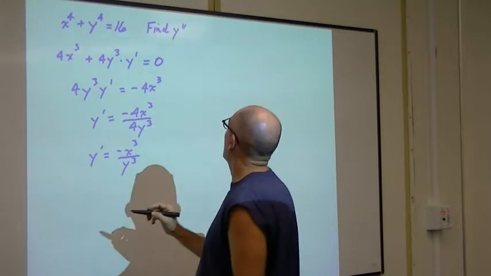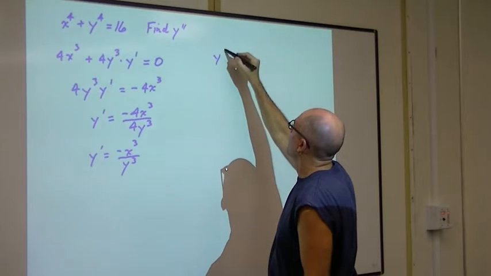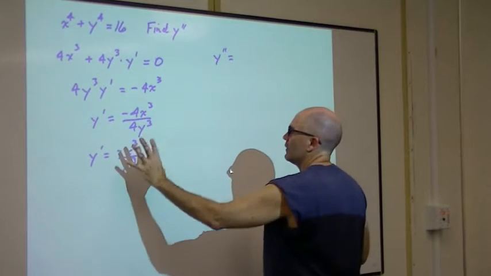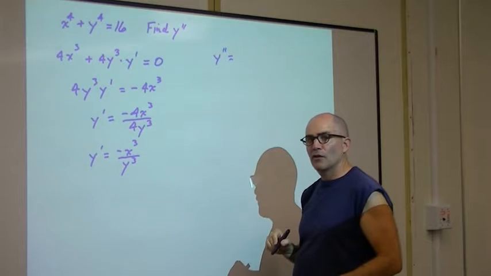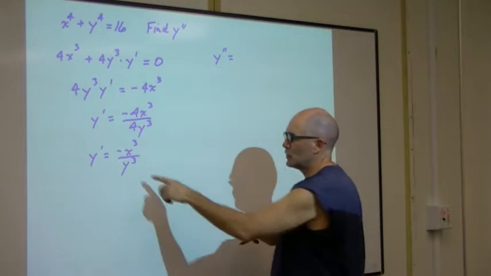So we go y double prime equals. Okay, now we're taking the derivative of this whole thing. It's a fraction, so we better use the quotient rule.